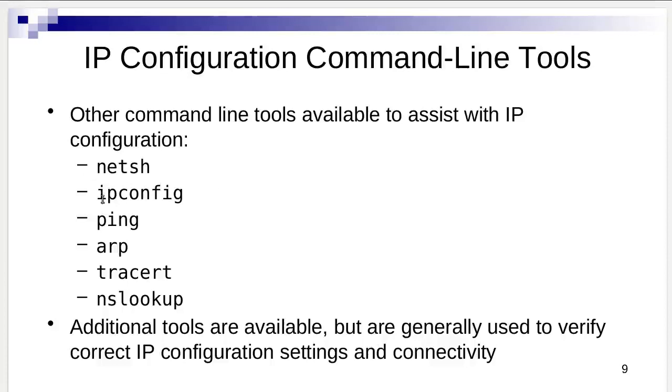So there's netshell, ipconfig, which chances are you've used, ping to check for connectivity, ARP to look at the ARP cache, traceroute to figure out how a packet gets to its destination, and then nslookup, or name system lookup, to look at domain name service settings, or look at DNS for a particular IP for a particular name.